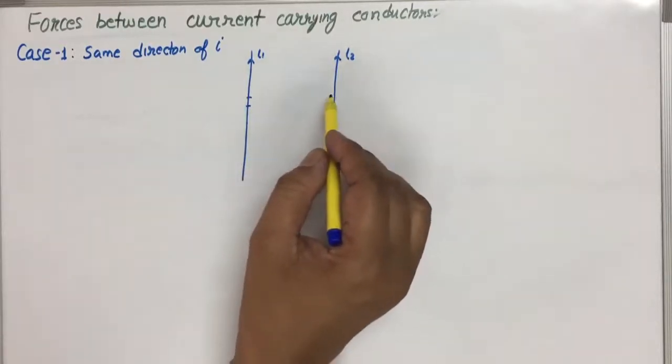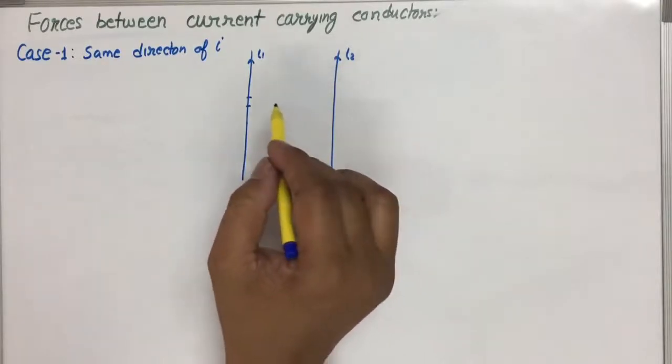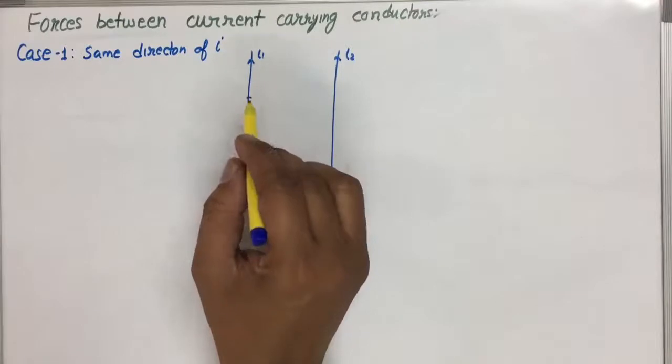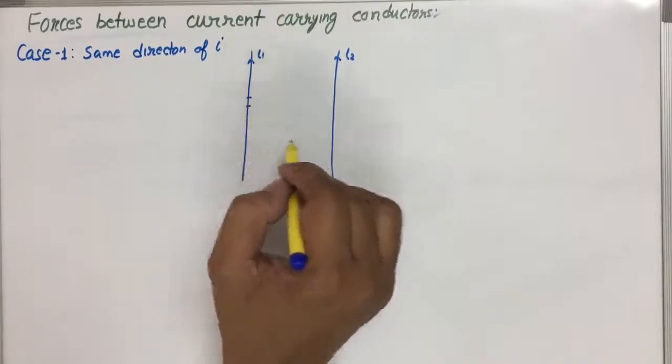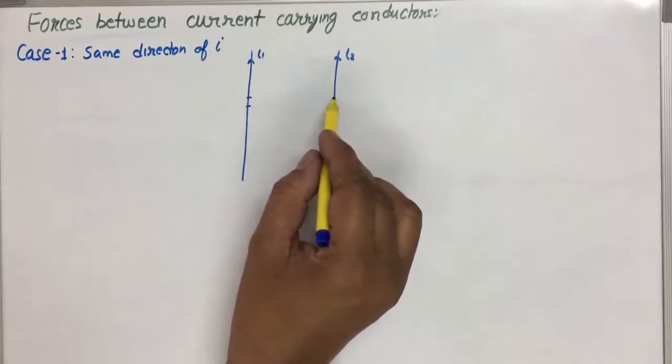So this current will cause a magnetic field, and this charge when placed in that magnetic field will experience a force. Similarly, this current will produce a magnetic field in the surrounding, and when movement of charge takes place in that field, then force will be exerted on that charge.